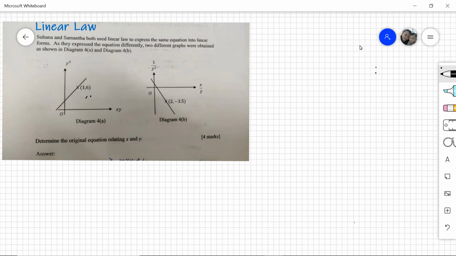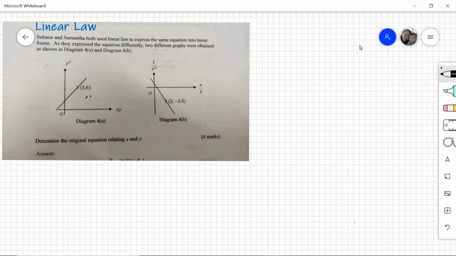Now this is a very non-routine question in linear law. For so many years of SPM questions, we have not seen this kind of question before. Two different students convert the same nonlinear equation into two different linear forms.